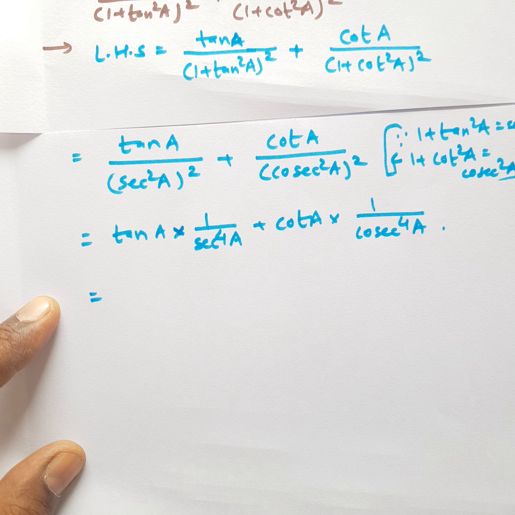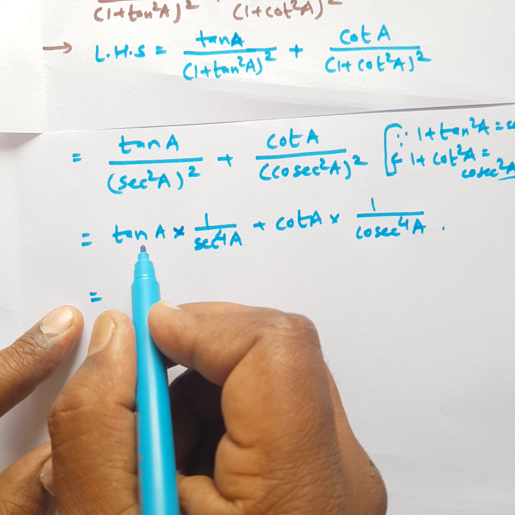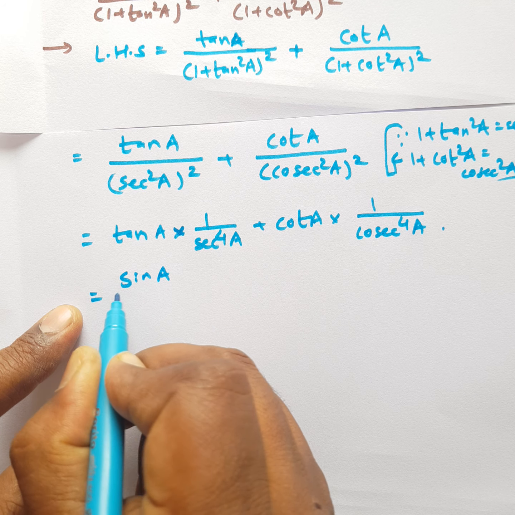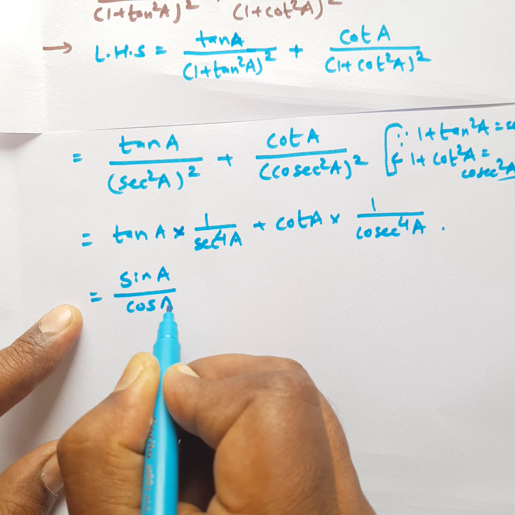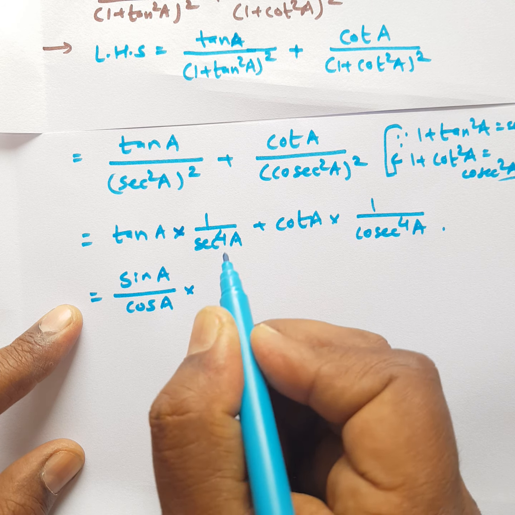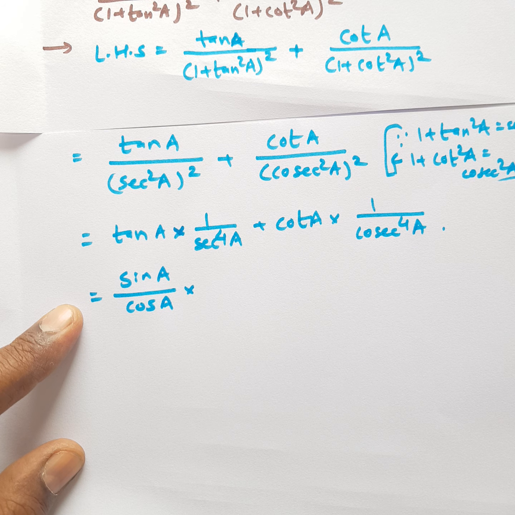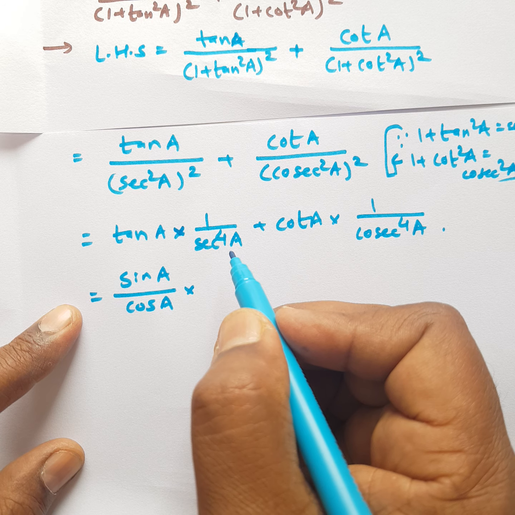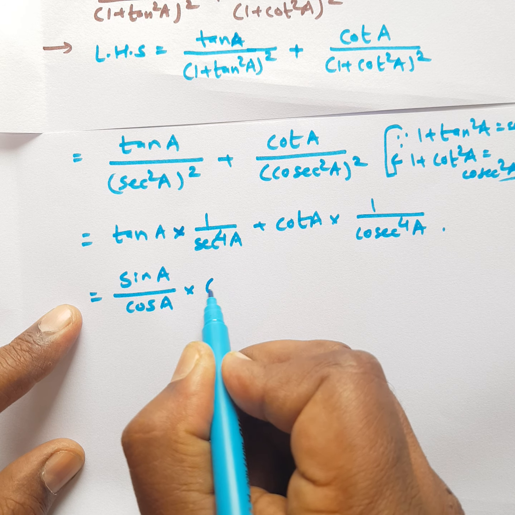Therefore, we know that tan A is sin A upon cos A, into 1 upon sec square A. 1 upon sec A is the reciprocal of cos A, and 1 upon sec raised to 4a will be the reciprocal, cos raised to 4a.